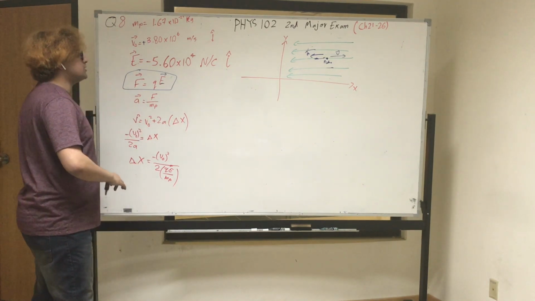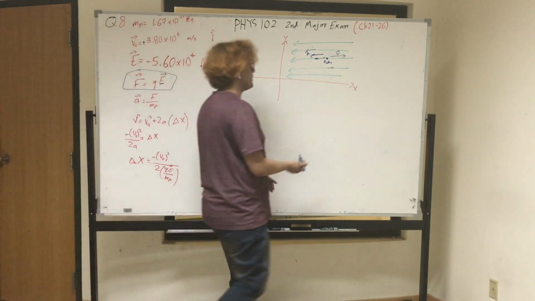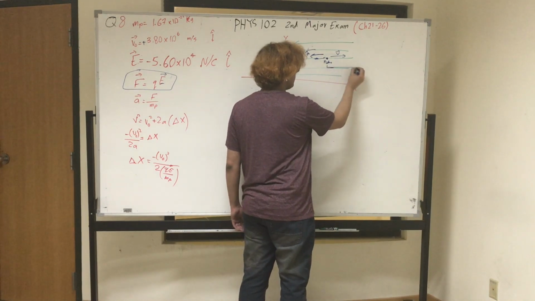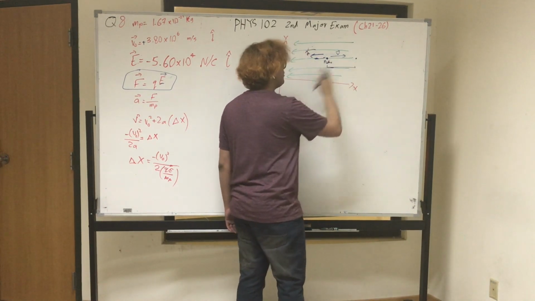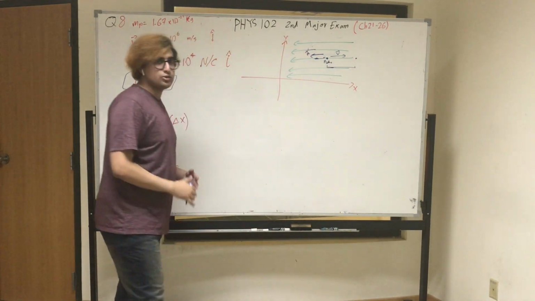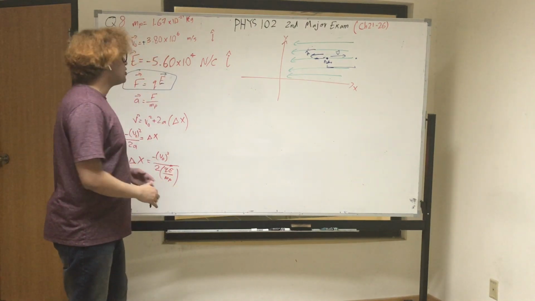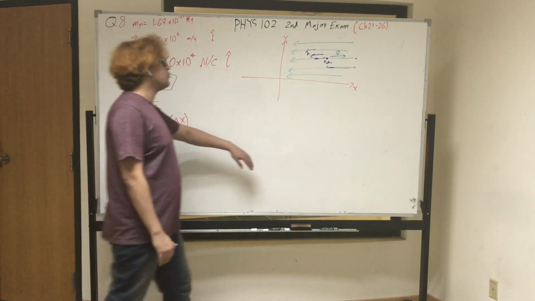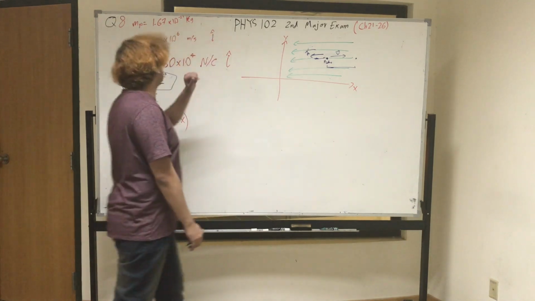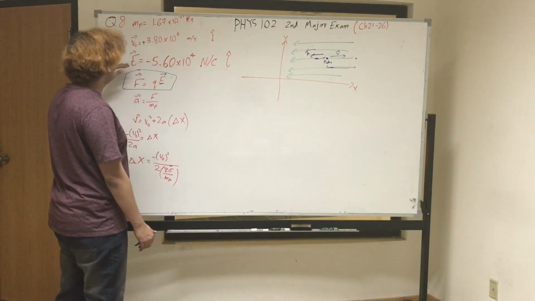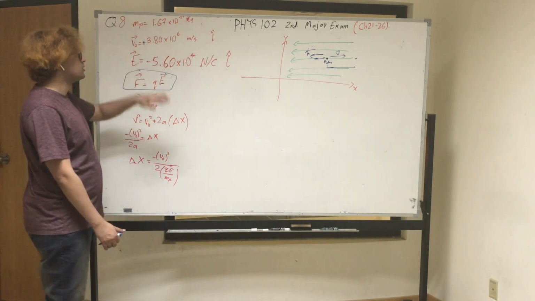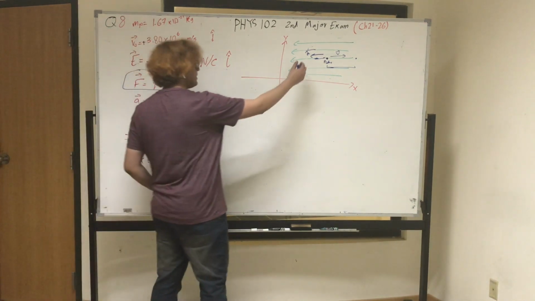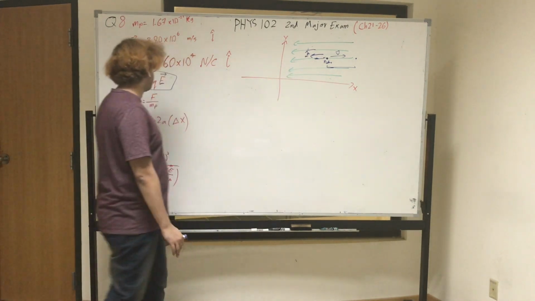Our job is to figure out how much distance the proton travels before it stops. In order to do that, we have to find what this acceleration is. We already know the velocity, the value of the electric field, and the mass of the proton. But the acceleration is something we need to figure out.